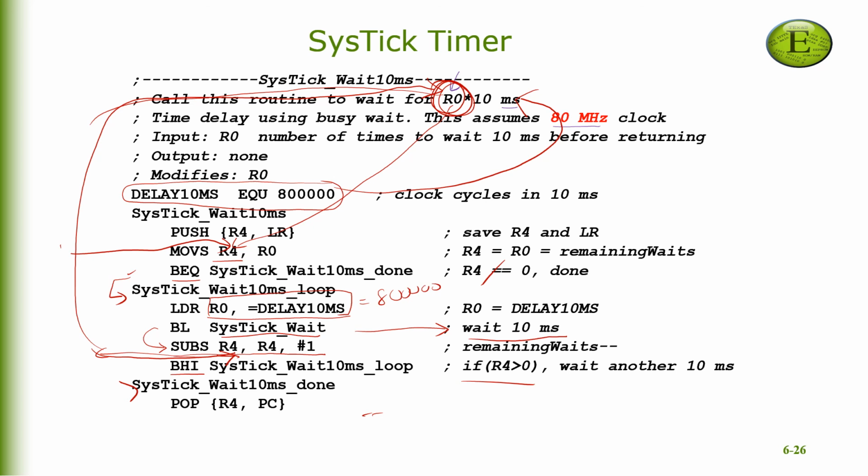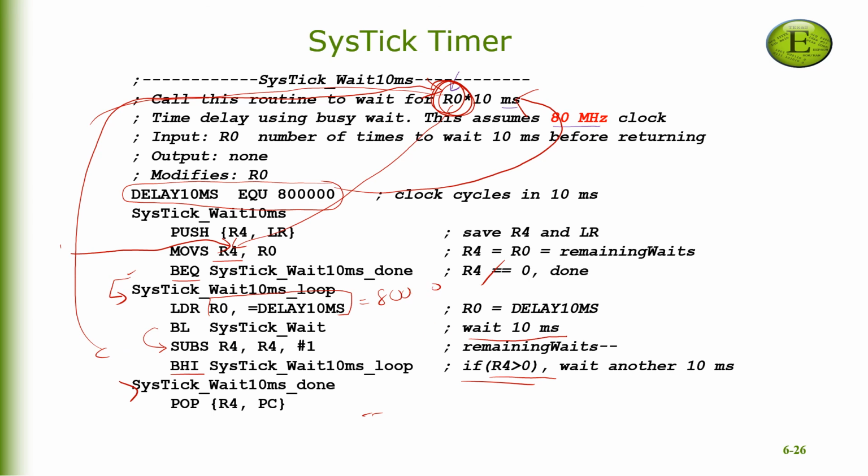As long as R4 is greater than 0, and the flags for this branch were set by this sub instruction. The sub instruction is going to subtract 1 from R4 and see if the answer is greater than 0. If that is so, we are going to loop.